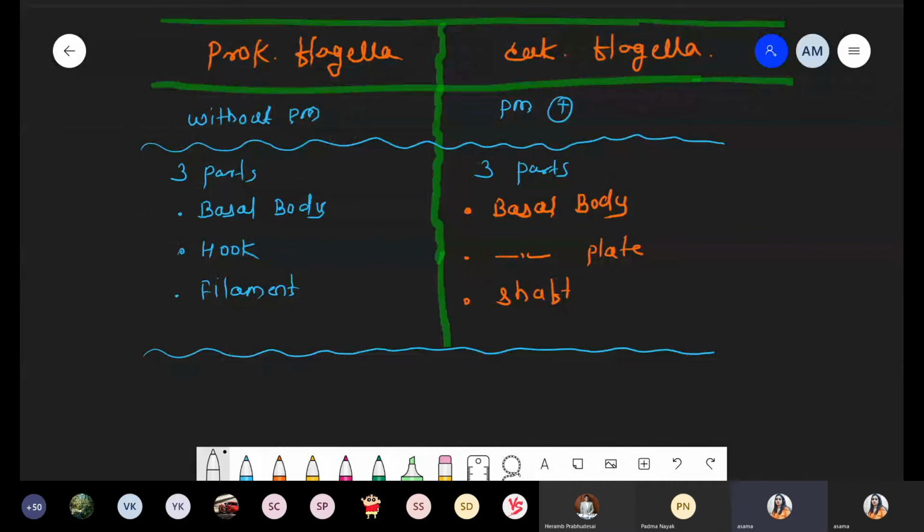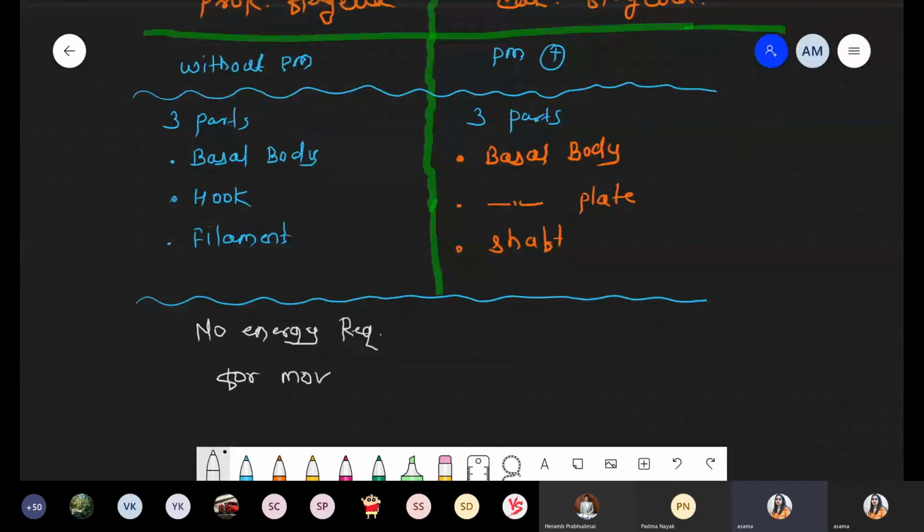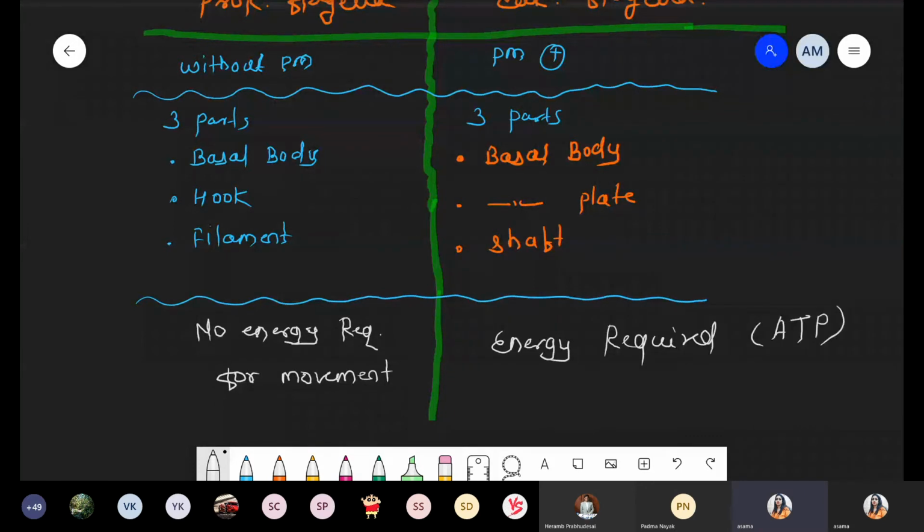In this condition, no energy is required for movement. These are energy independent. But in eukaryotic flagella, energy is required, and that energy is in the form of ATP. If no ATP, no movement.